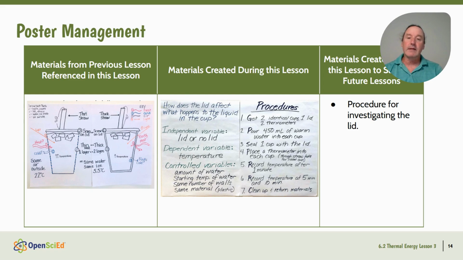Also, you're going to create this procedure as a class, and that procedure that you create, you're going to use again in lesson 4. And if you don't save it, you're going to have to recreate it. So make sure you save that somewhere safe, whether it's electronically or on paper, whatever it takes, but make sure you hang on to that.